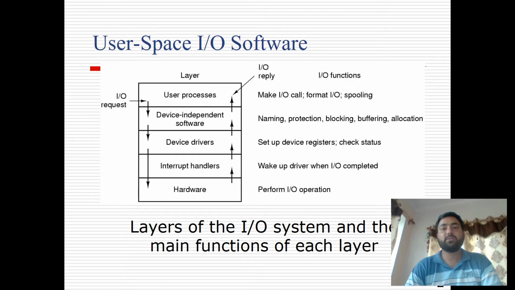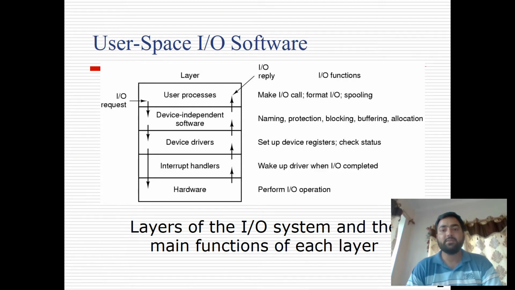So before going about disk scheduling, we will first know about the layers of the input output system in user space. So basically there is a hardware system which actually performs the input output operation, and above the hardware the layer is interrupt handlers.